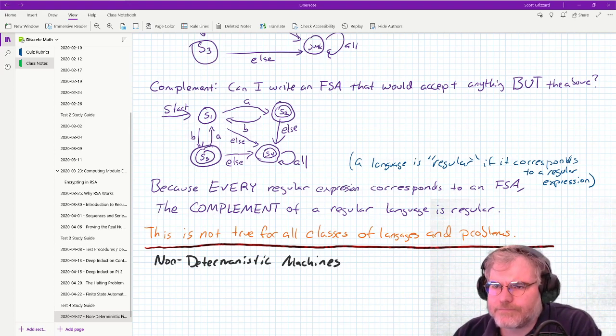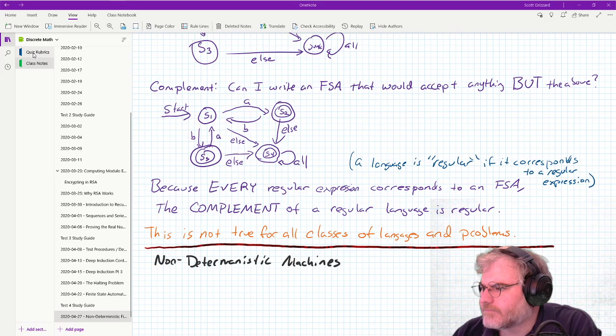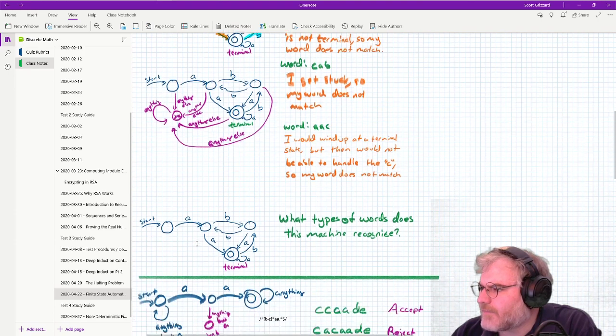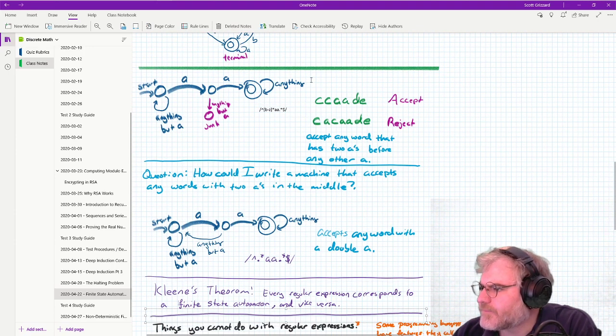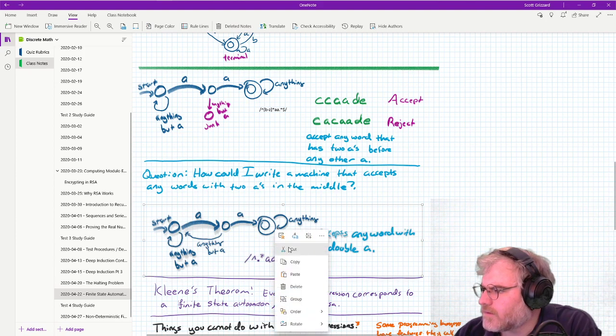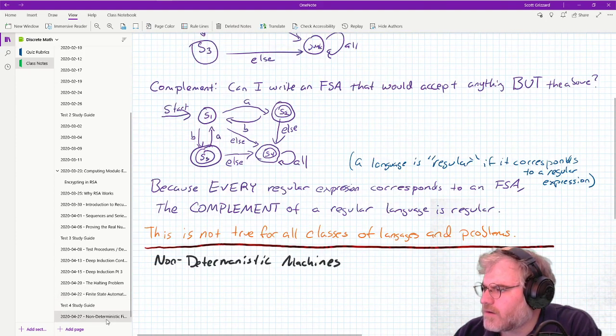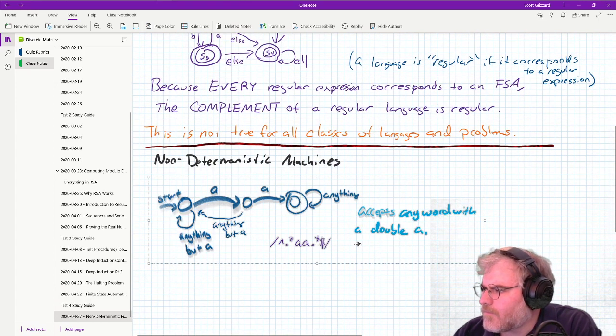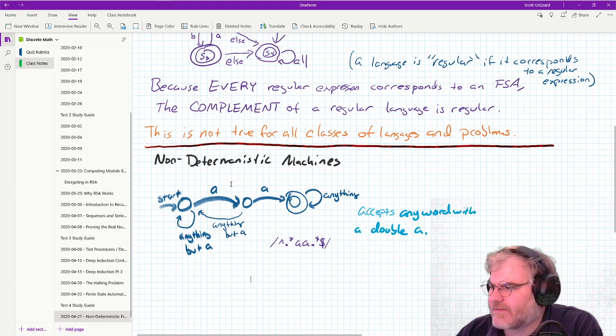So let's look at one of the ones we had from last time. Remember this machine here? This was a machine that accepted any word with a double A in it, right?